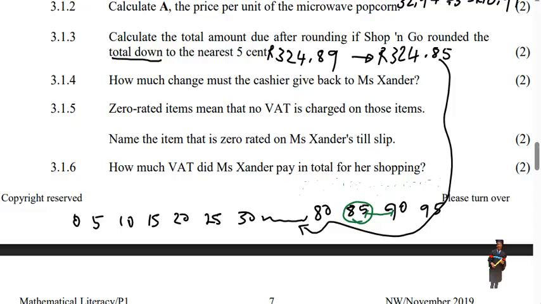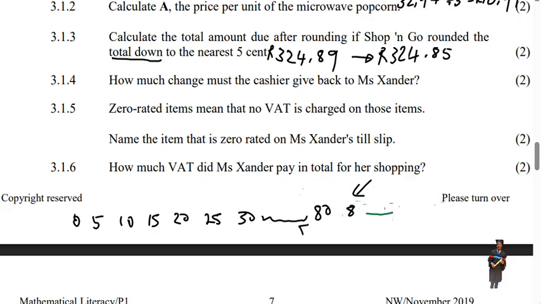So 85 is part of these numbers. You can see we have 85 here. Look, we have rounded down to the nearest 85. So now it is possible to calculate the change. Okay, now let's continue.